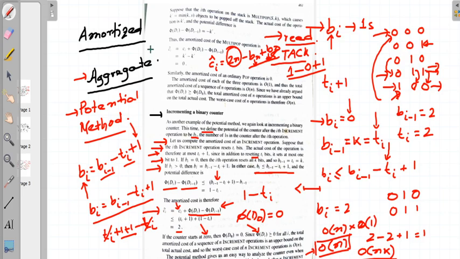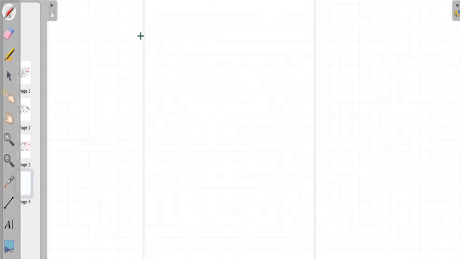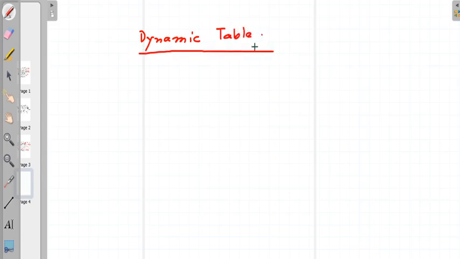One exercise is there called the dynamic table. That example is there in CLRS, and this is a very good one, and you should study that as well.